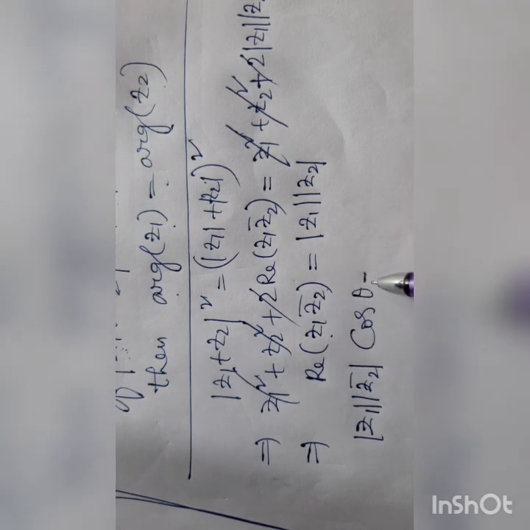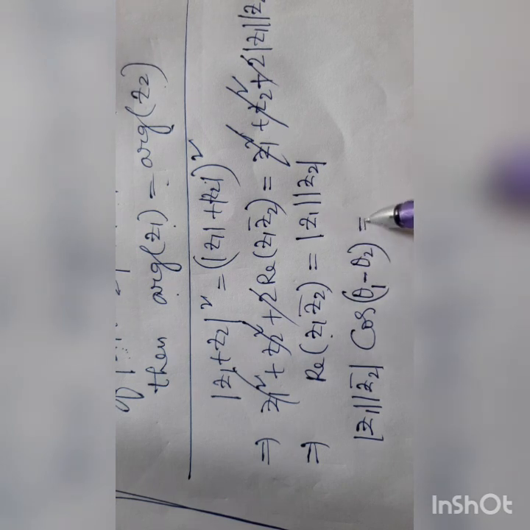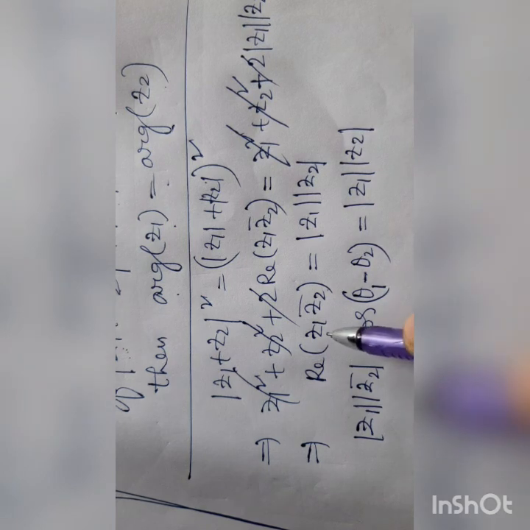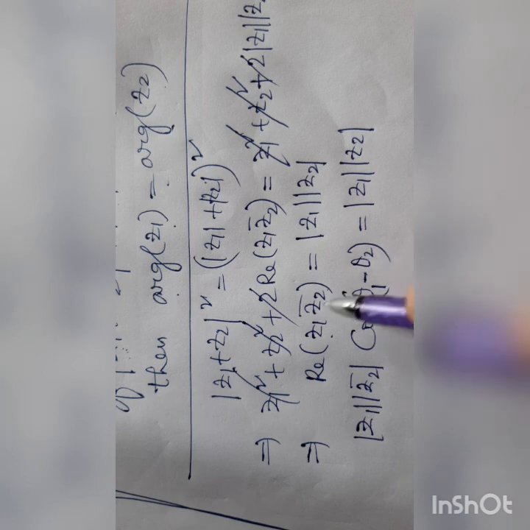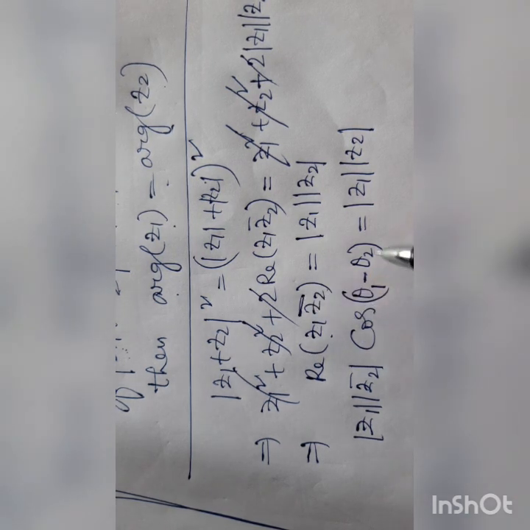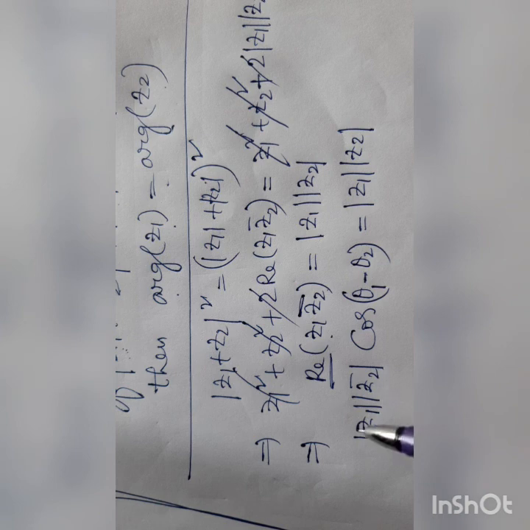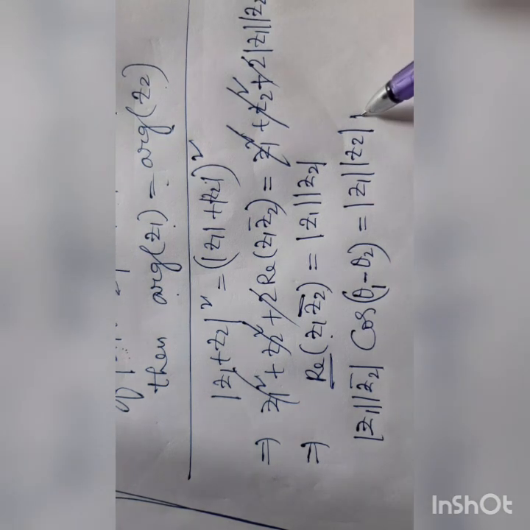Theta 1 minus, this is bar, no, minus theta 2. Z1 amplitude is theta 1. Z2 amplitude is theta 2. But this is bar, that is why minus theta 2. So this is the real part: modulus and amplitude, like this. This everybody must know.